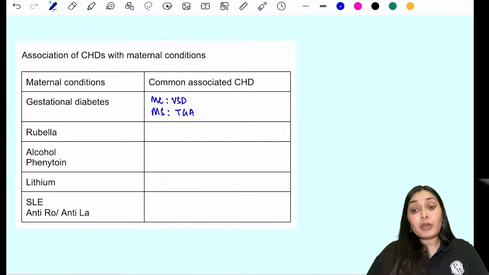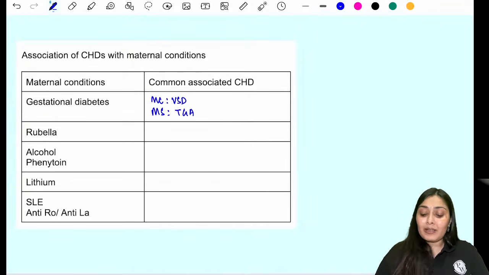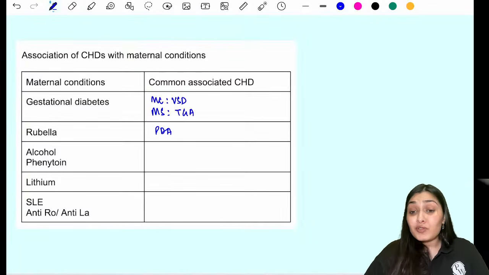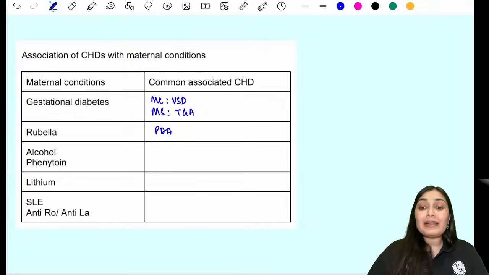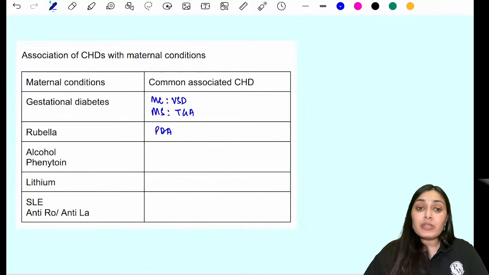In rubella, the child can have congenital rubella syndrome, and in that we see patent ductus arteriosus. If the mother consumes alcohol during pregnancy or takes phenytoin, then the child can have fetal alcohol syndrome or fetal hydantoin syndrome. In both of these, again, VSD is a common associated congenital heart defect.